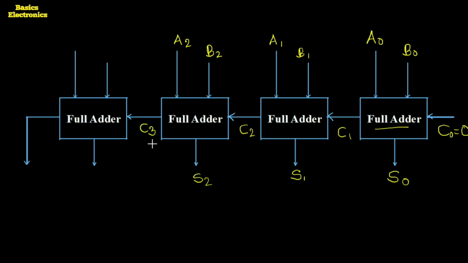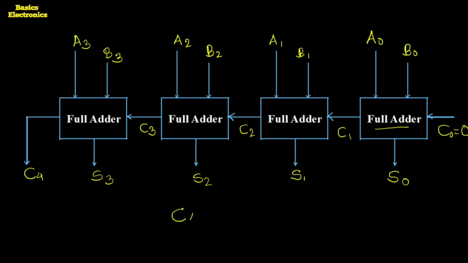This C3 is added to the next column, and this full adder performs the addition of the MS bit column where the binary bits are A3, B3 and C3. It produces the output as sum S3 and the carry generated, C4, is taken outside along with the sum.